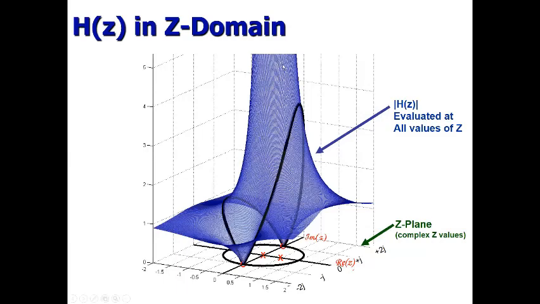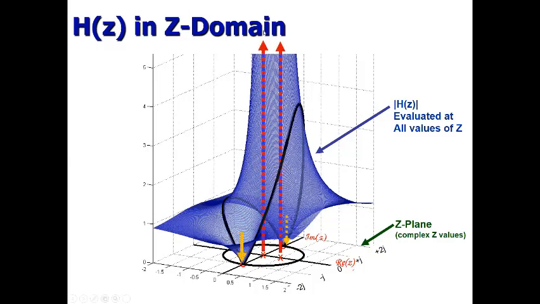And we get some shape like this for this particular example, where I have 2 poles here on the real axis and 2 zeros at plus or minus j. You see the rubber sheet tied to 1 at infinity because we have 2 zeros and 2 poles. So H of z as z goes to infinity tends towards 1.